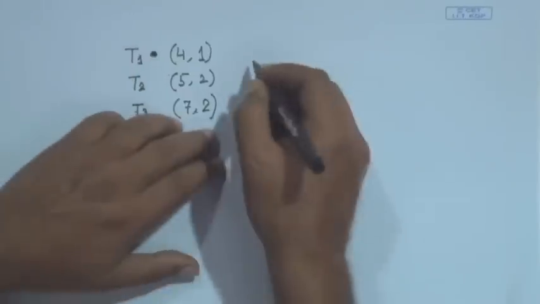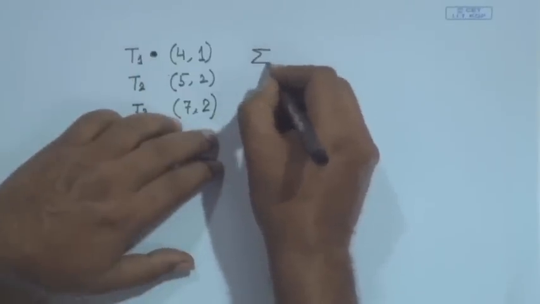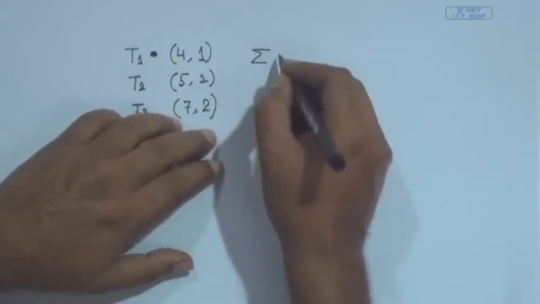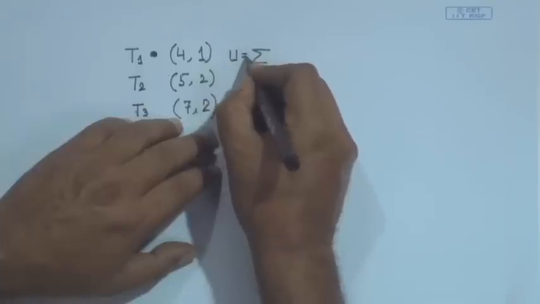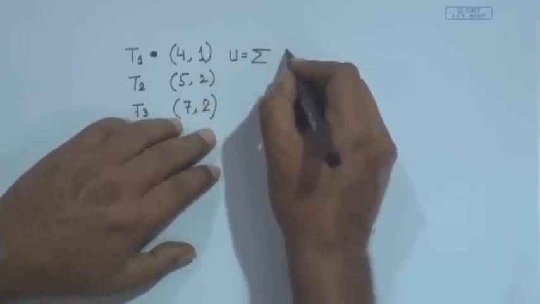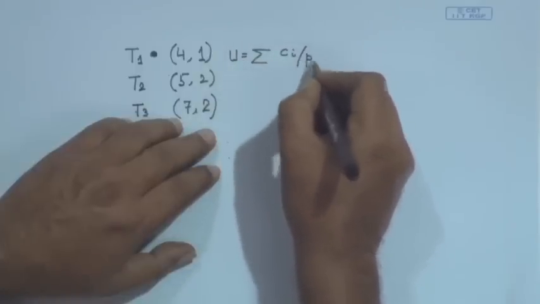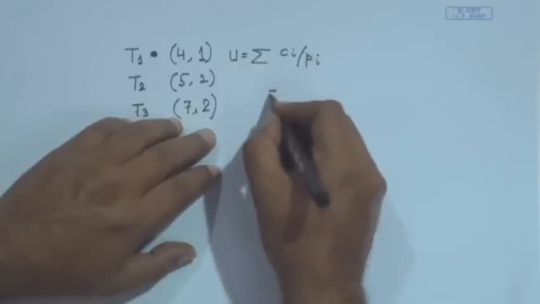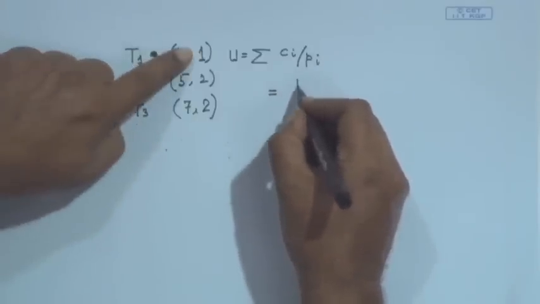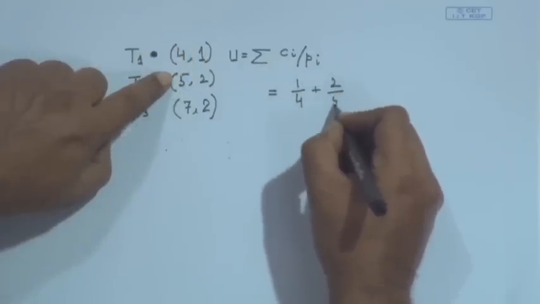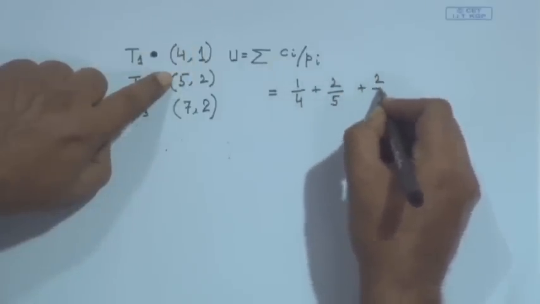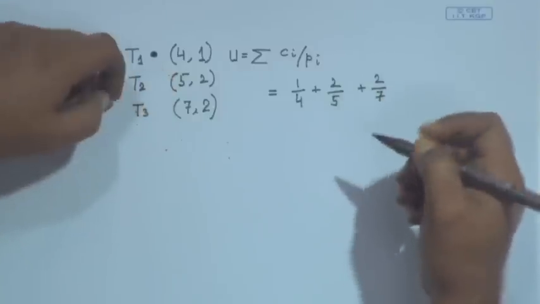Now, what will be my sigma u? I have got U as sigma Ci by Pi, and that will be here 1 by 4 plus 2 by 5 plus 2 by 7, right.